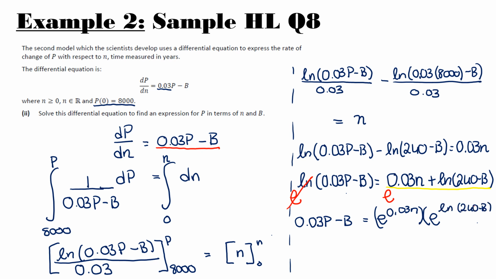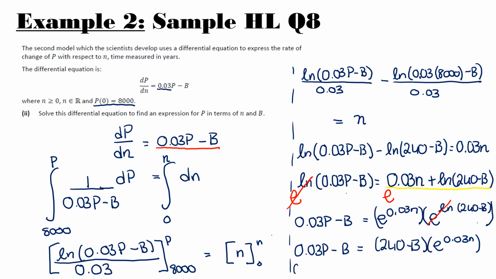The reason that's so important to do is because this e and ln can undo each other as well. So what we're left with is 0.03p minus b equals, now we have 240 minus b, and that's all multiplied by e to the power of 0.03n.